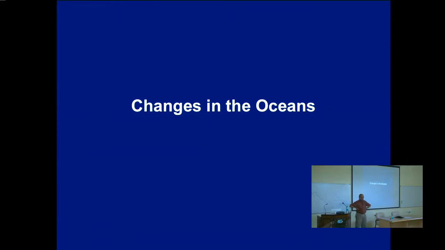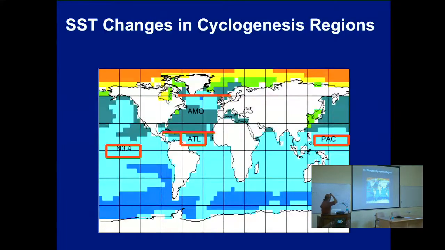But if I have a volcano, sea surface temperature would drop, right? At least as long as that radiation is altered, okay?